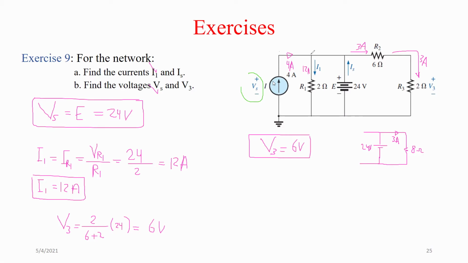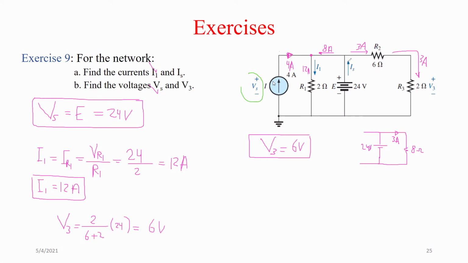Now, at this intersection, there is 4 coming, 12 leaving. It means there are 8 coming this way, right? I have to have Kirchhoff's current law satisfied. The coming currents equal the leaving currents. The leaving is 12, the coming here is 4. There should be 8 coming from there. So 8 coming and 4 coming, they make the 12.